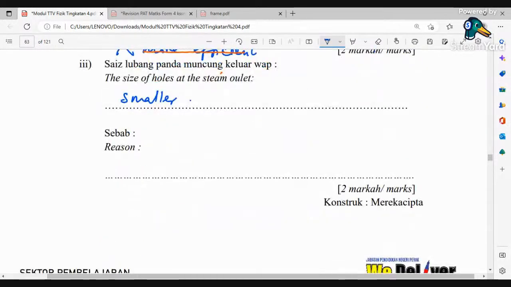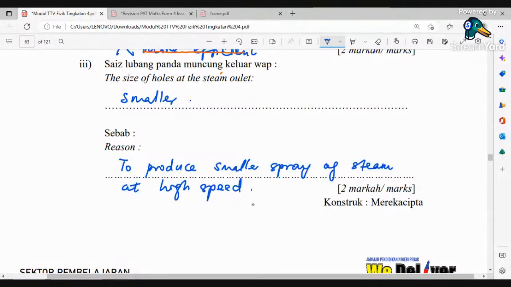So to produce, okay, kita nak produce smaller spray of steam at high speed.